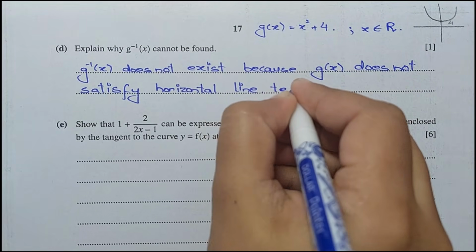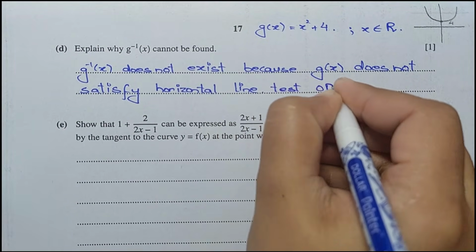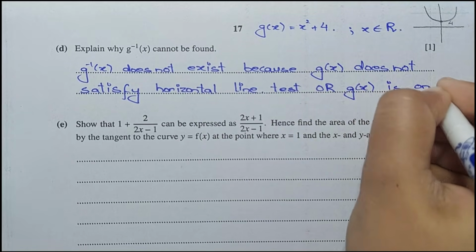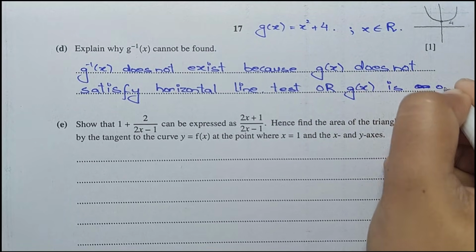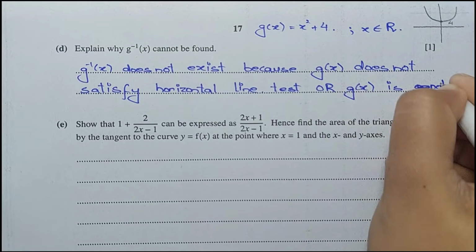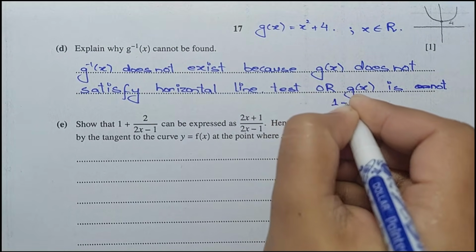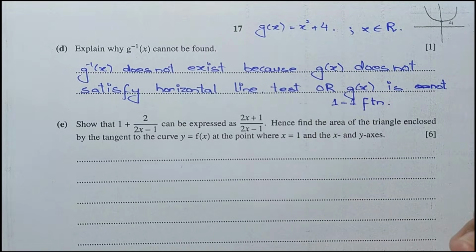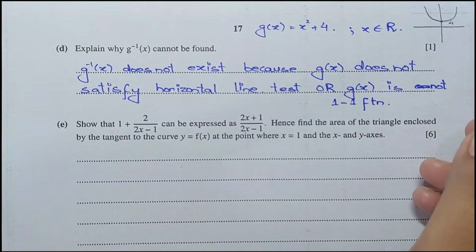Horizontal line test, this is the first reason, or we can say g of x is not a one-to-one function. A one-to-one function is a function where for every input you have a unique output.